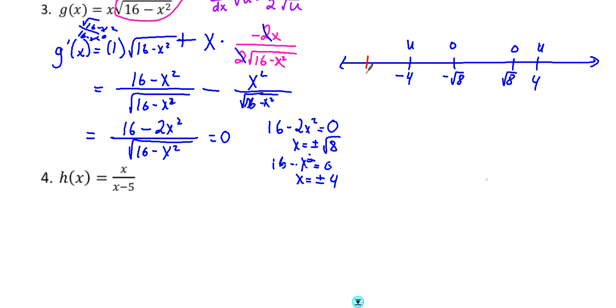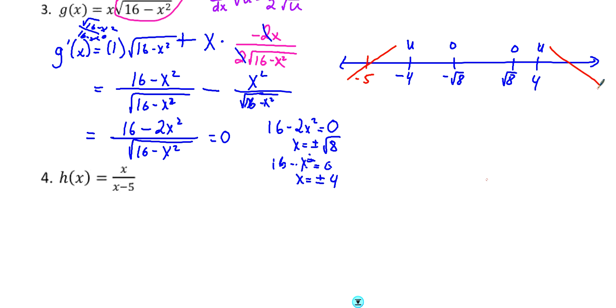Okay, so can we put negative 4, anything on the left side of negative 4? Like negative 5. If we put negative 5 into our first derivative, you're going to get on the bottom 16 minus 25, a negative. So remember, that makes it imaginary. So there are no solutions here. So we don't have to even worry about this side and that side.